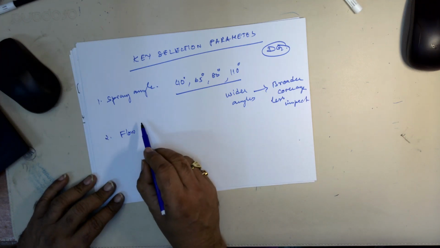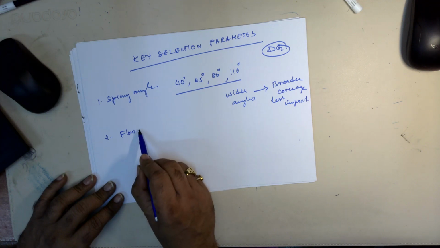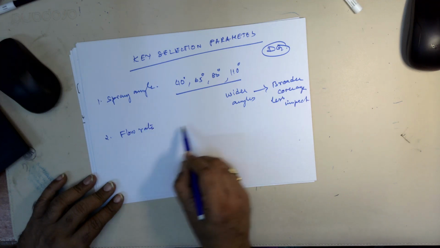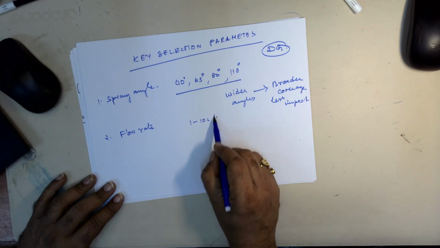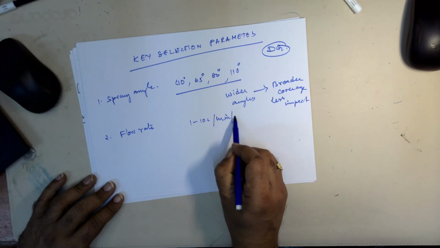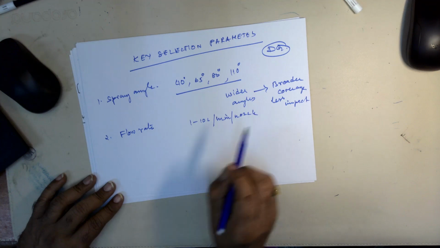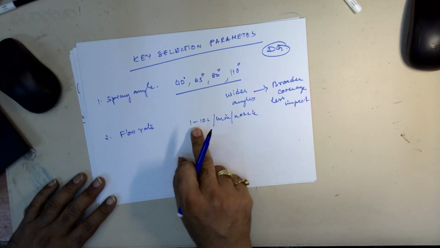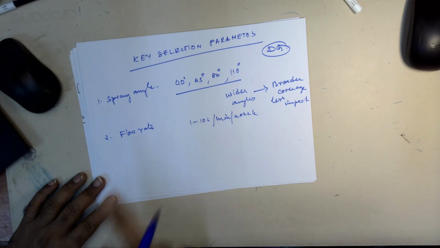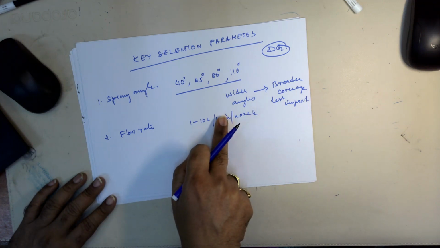the flow rate of such type of degreasing materials. Usually 1 to 10 liter per minute per nozzle. In a minute, it will transfer starting from 1 liter to 10 liter based on the pressure.